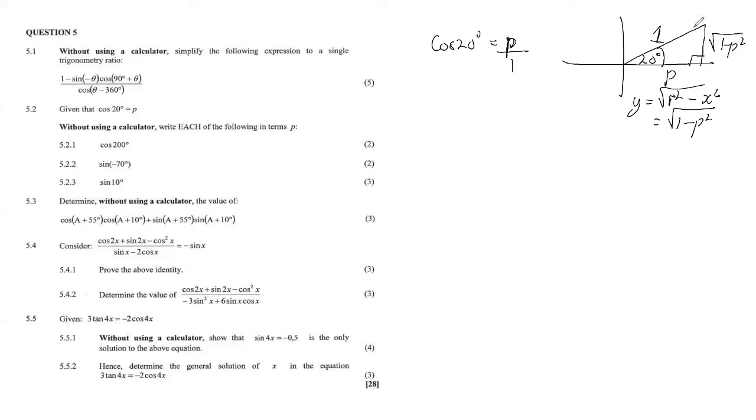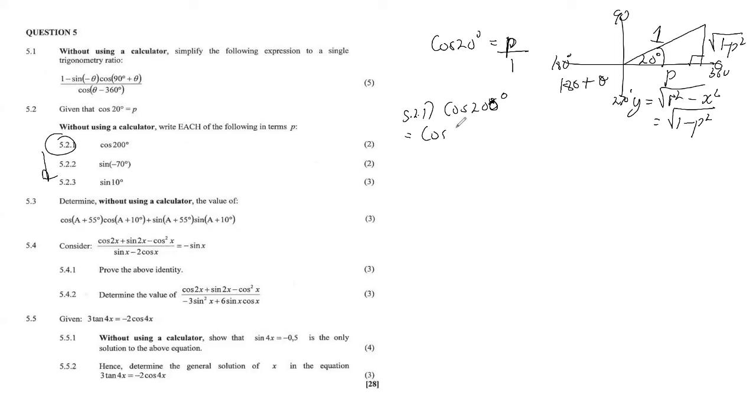Okay, now that everything in the diagram is filled out, you can start answering the questions that you are given there. So, starting with 5.2.1, we have cos 200 degrees. And we can see that this falls within the third quadrant, because this is 0, 90, 180, 270, and then 360. So the 200 here is in the third quadrant, whereby we have the reduction formula 180 plus theta.